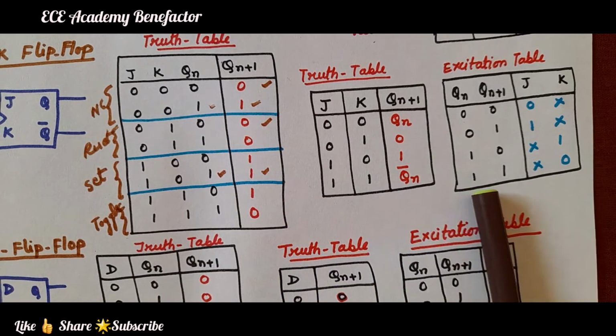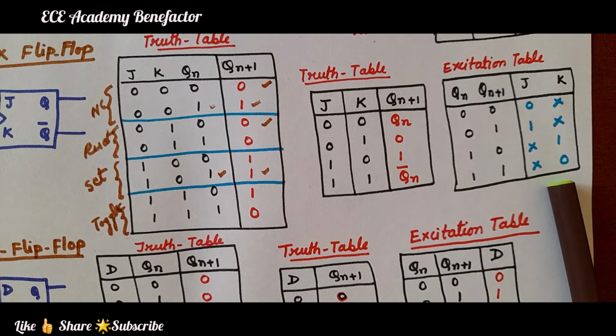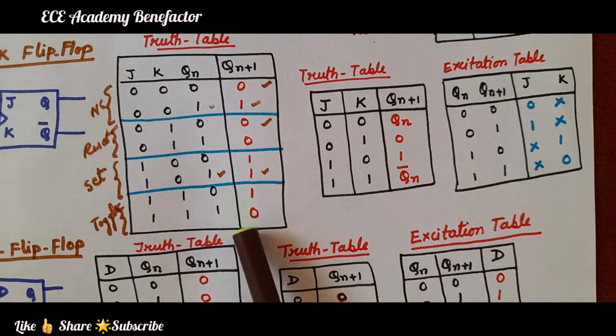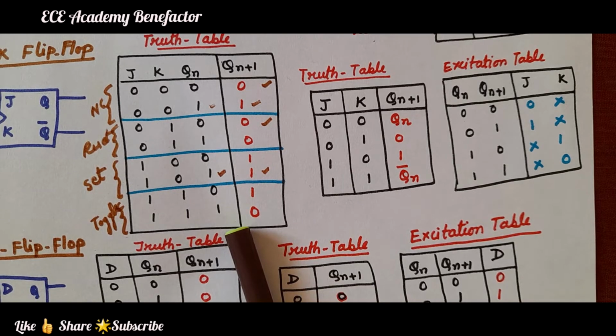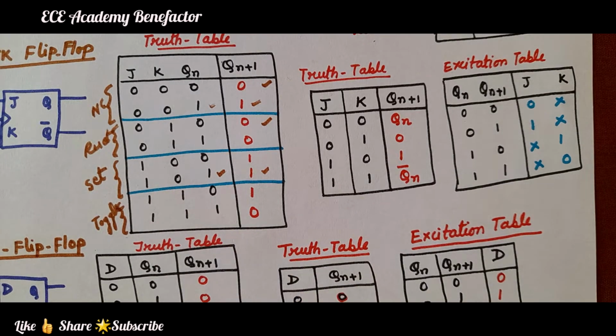So for 1 1 it is written as x0. This excitation table you can easily refer from the truth table and write, or else you can memorize it also. For 0 0, 0x; 0 1, 1x; 1 0, x1; 1 1, x0.